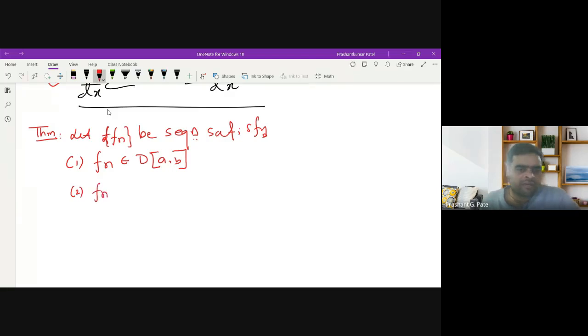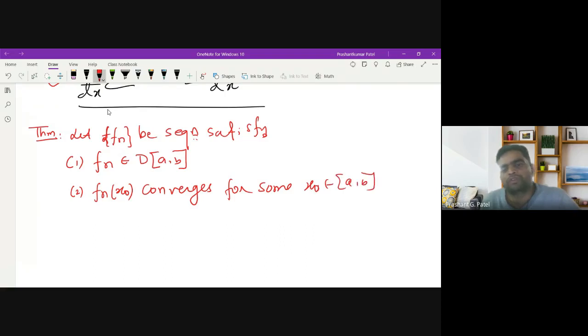Second, fn of x0, where x0 is a fixed point, is convergent. This will converge for some x0 belongs to AB. That means for some point in AB, this is a sequence of numbers, because now x0 is a fixed number. For at least one point, this sequence of numbers, that is fn of x0, converges.